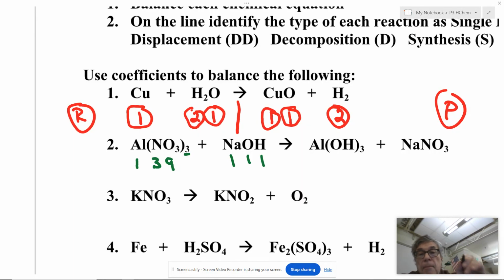Now, I'm not going to try to balance it until the end. That's just going to be the easiest way generally to handle that. One aluminum, 3 oxygens, 3 hydrogens, 1 sodium, 1 nitrogen, 3 oxygens. So let's just leave the oxygen till the end and hope that it works out.